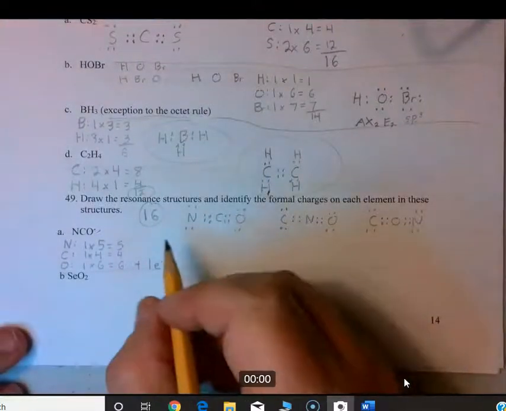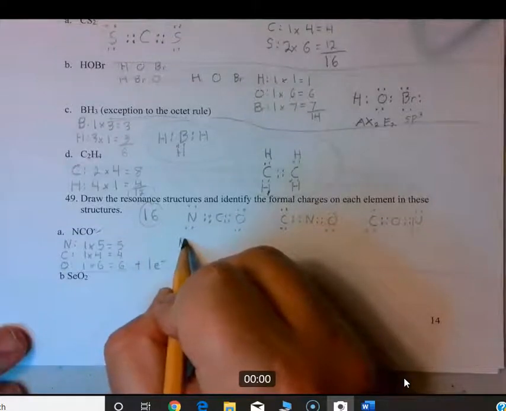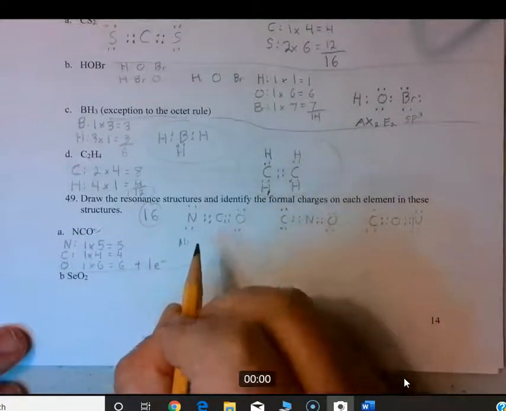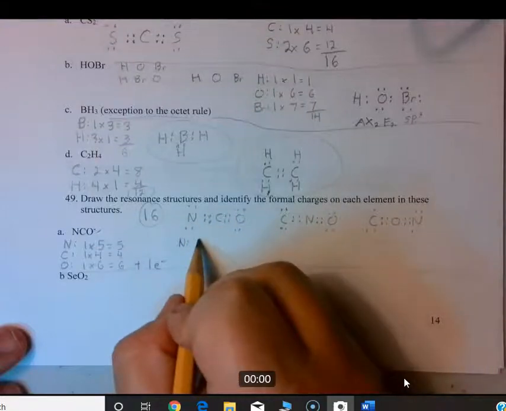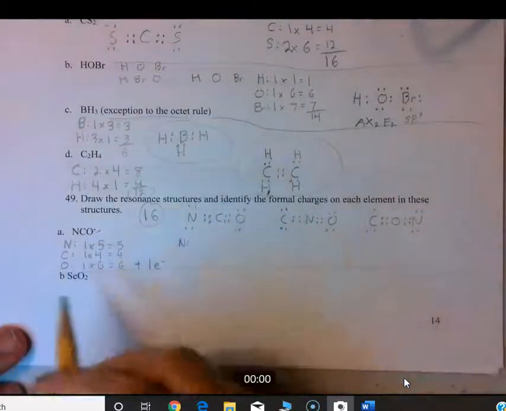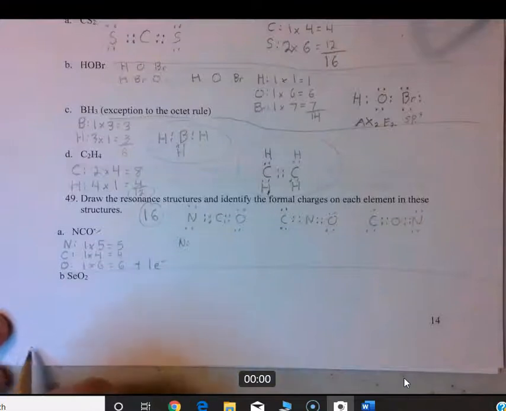So let's go ahead and compute formal charge. For N on this one, it's going to be 5. Let's write the formula out somewhere. Let's write it down here at the bottom.